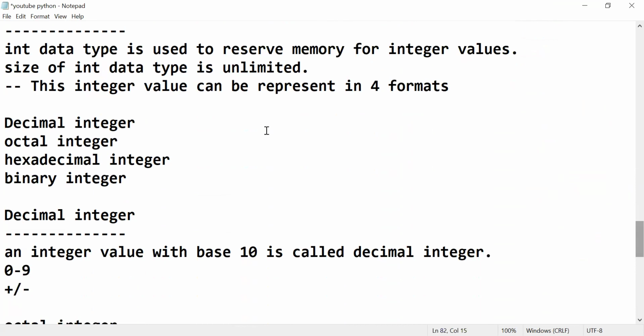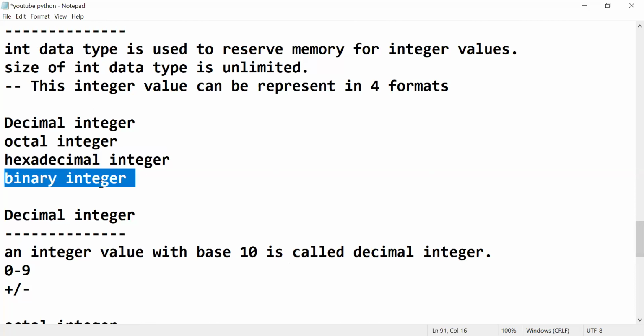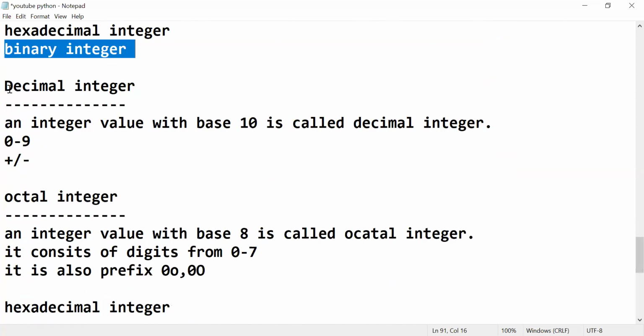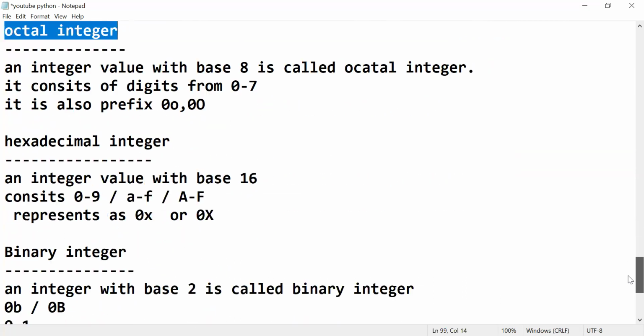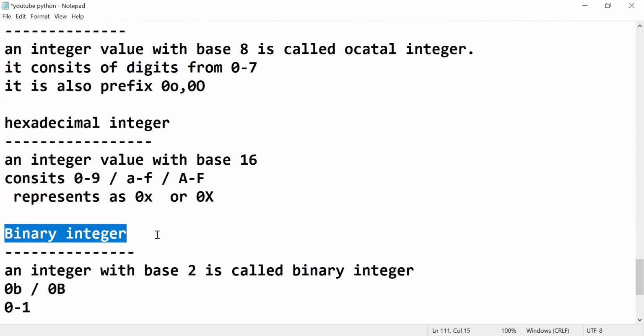This int data type we can represent in four formats: one is decimal integer, one is octal integer, one more is hexadecimal integer, and one more is binary integer, guys. I hope you all know what is a decimal integer, what is octal integer, what is hexadecimal integer and what is binary integer.